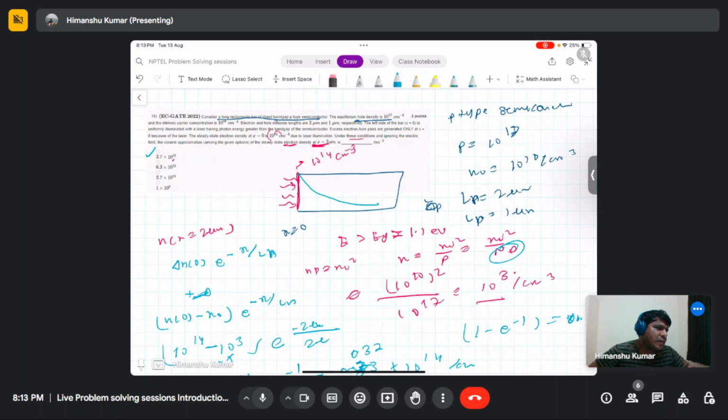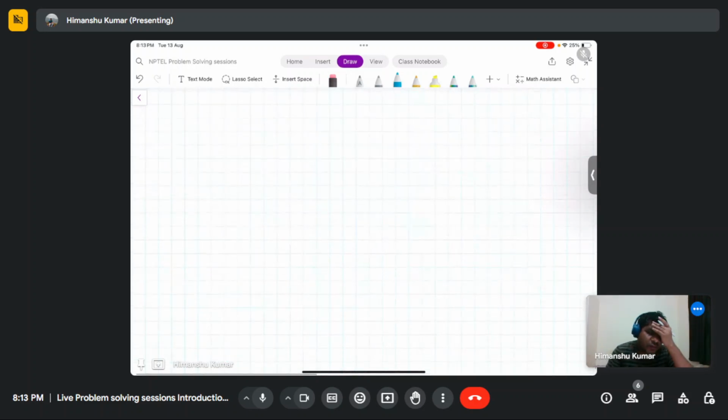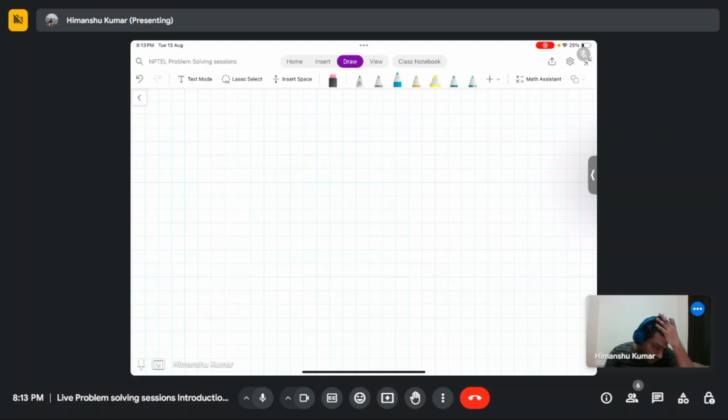So that's how you calculate this answer. If there is any doubt in this, or any doubt from the previous session, you can ask and I can clear those doubts.